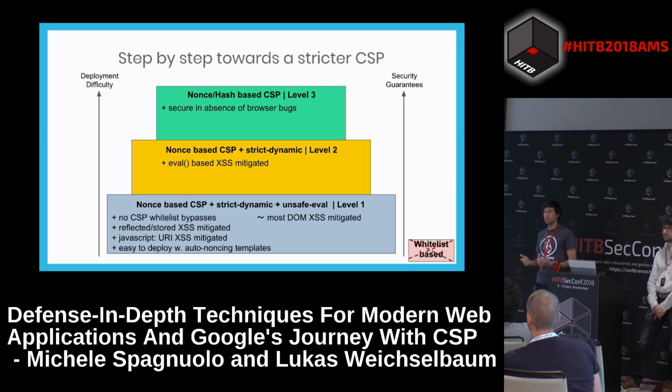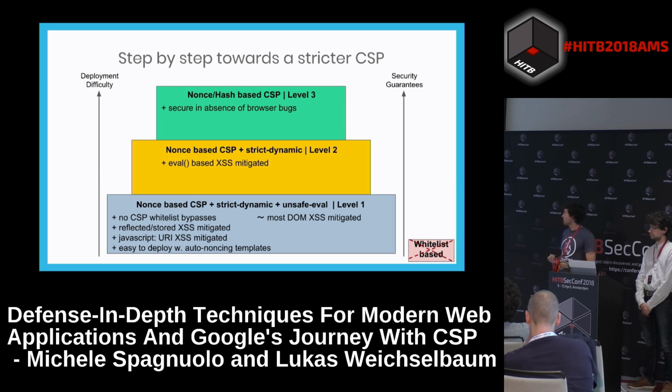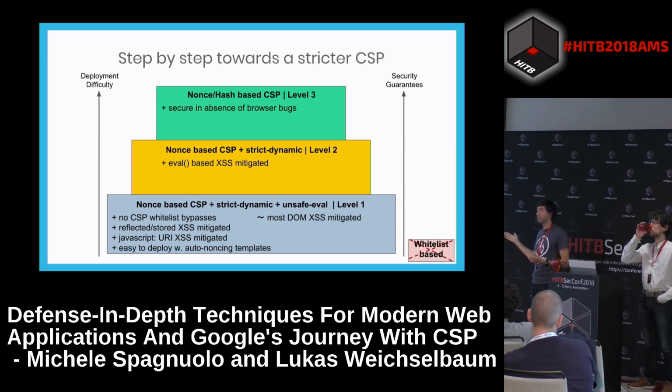The nice thing is, especially in our case, it's really easy to roll them out because we have very good templating systems that are context sensitive and that automatically nonce all the script tags on the page. So quite often it's just a matter of turning it on in the framework and it works out of the box. And it gives us pretty good guarantees for the amount of work required.